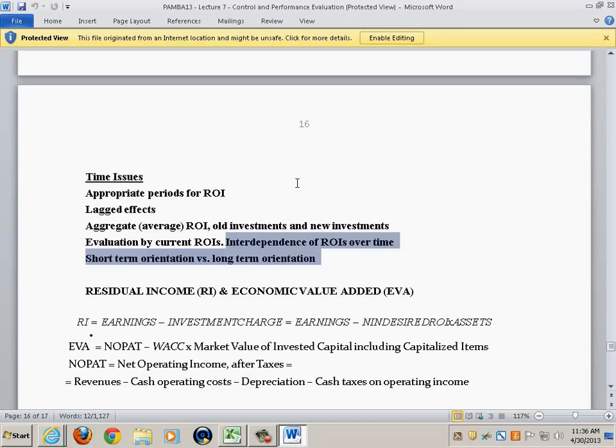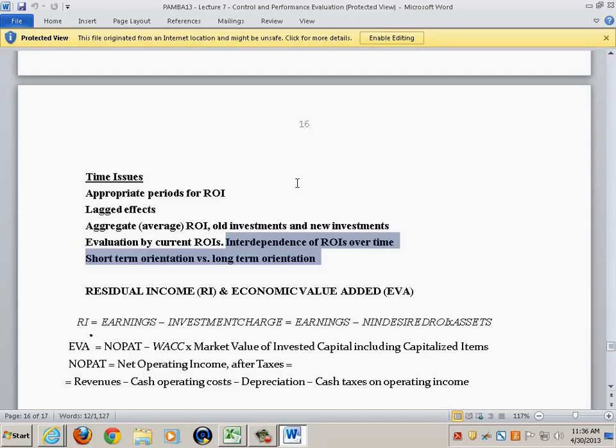to assure higher profits in the future, to assure higher returns on investment in the future. Now, how do you take account of that? How do you explain when you analyze the ROI that many of the investments here are future oriented?